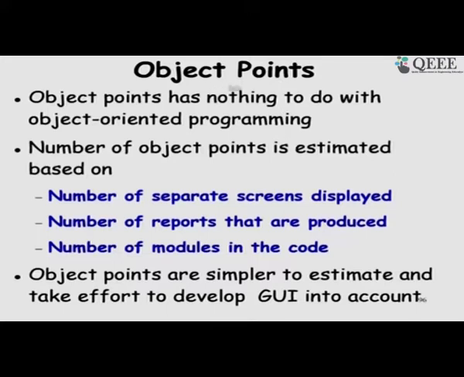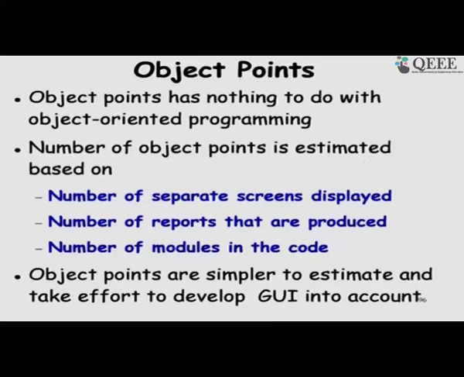So, for object points we just count the number of screens that would have to be displayed, the number of reports that are produced, and how many modules will be there in the code, the important parts that have to be implemented, and this gives us a rough estimate of the size of the software.